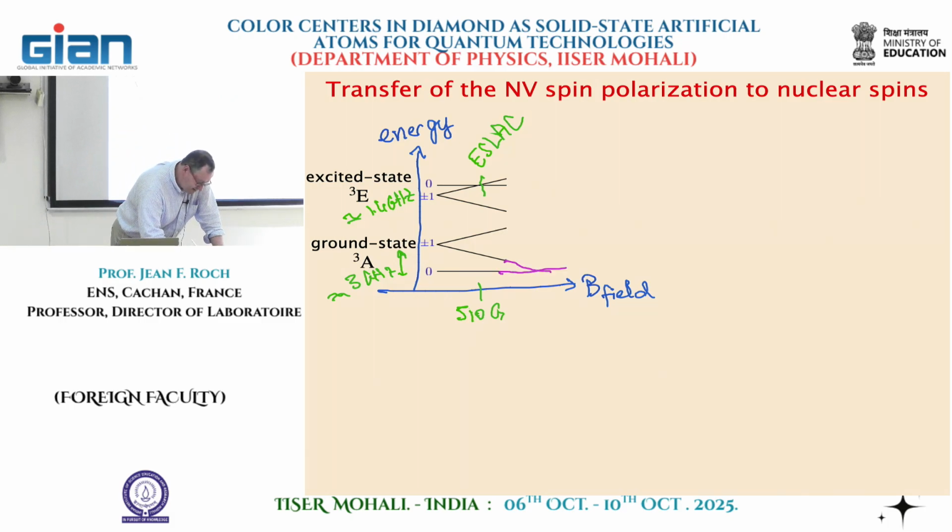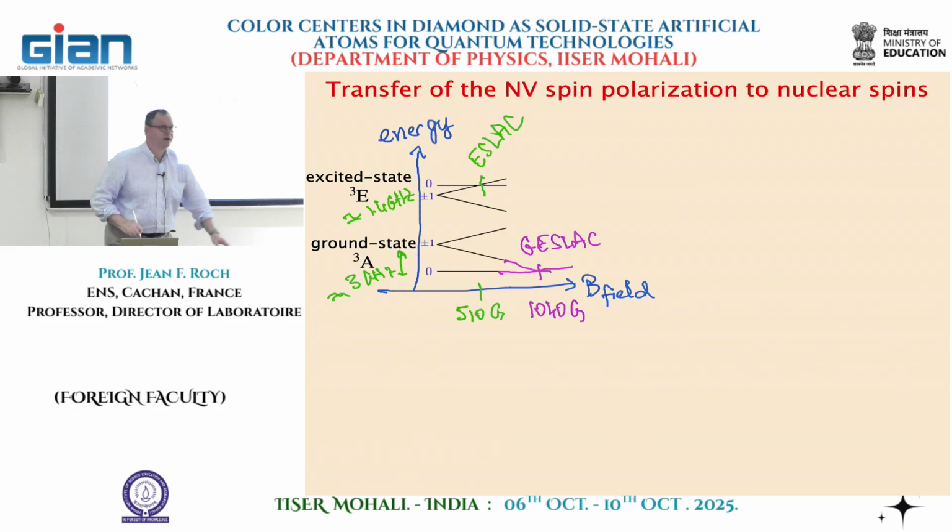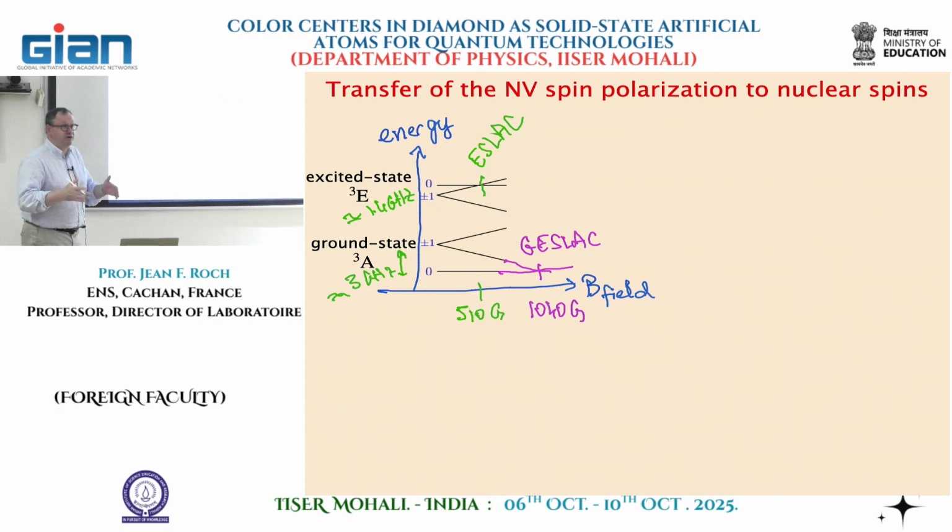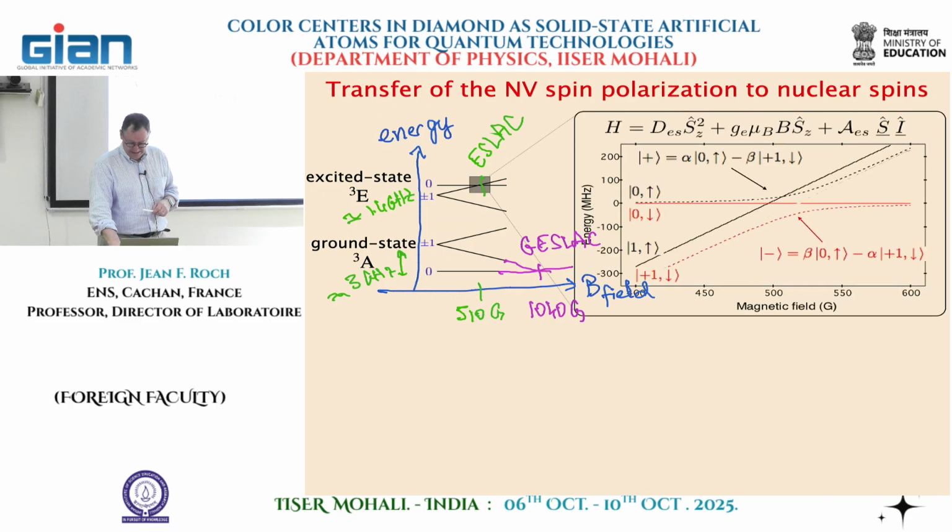This is the G-LAC, and this occurs at 140 Gauss. And this can be easily computed. It's just the standard calculation of the Zeeman effect that you do for a magnetic field perfectly aligned on the axis of your NV center. And we'll see later on what happens if the B field is not aligned.